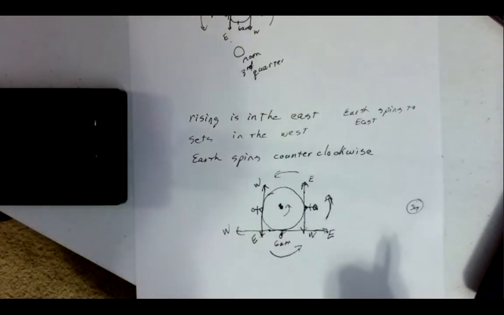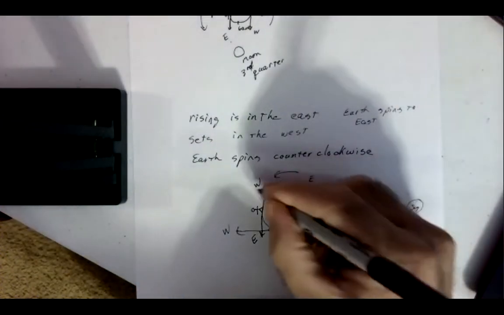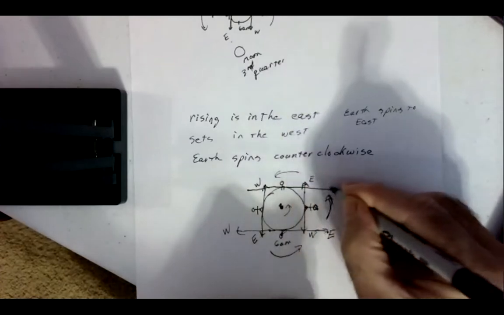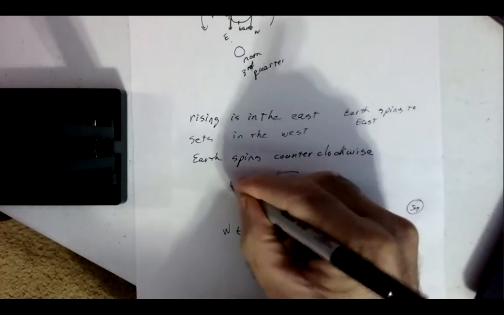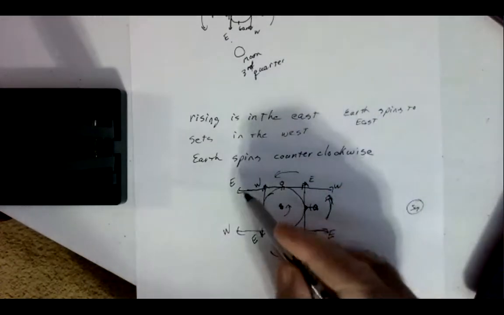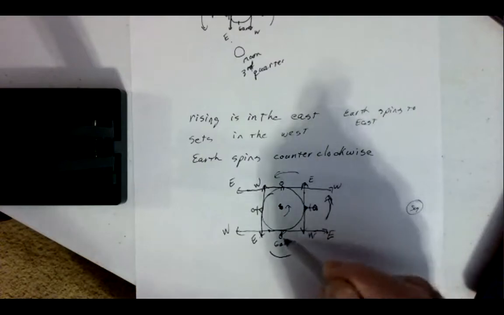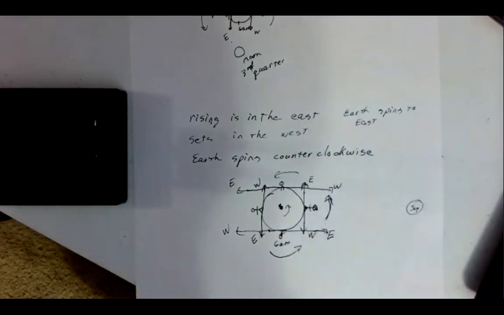That's when the sun rises approximately. And what about Herb up here? East would be left. Correct. East would be this way, west would be this way because the Earth is spinning this way. So notice east rotates around and west rotates around depending on where Herb is or what time of day it is.